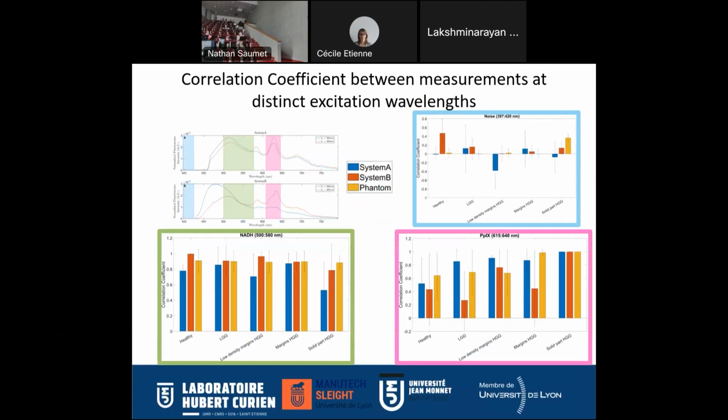It means that using two excitation wavelengths with system B, so with laser diode excitation, would add a lot more information to the measurements compared to LED excitation of the fluorescence. Thus, we hope that the estimated baseline method would work better with measurements done with system B than with system A.